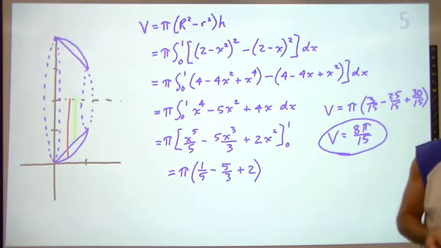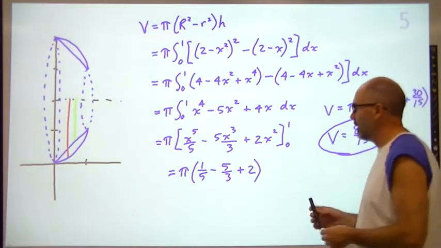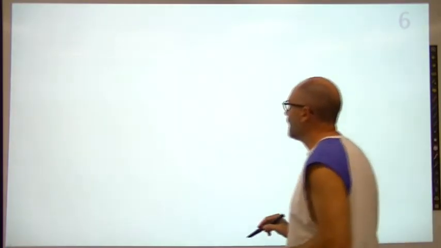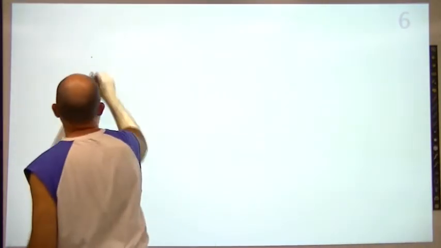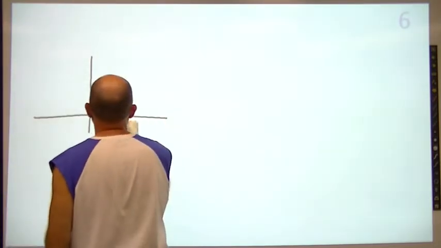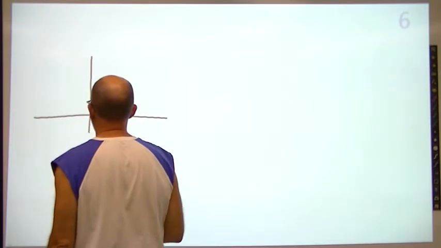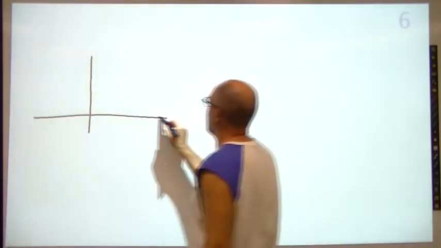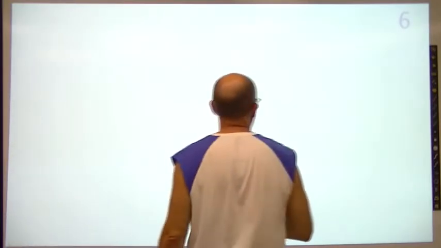All right, we're going to take this same function and we're going to rotate it about the line x equals -1. Nope, didn't give it enough room. You've got to think about how wide the rotation is going to be before you do your axes.